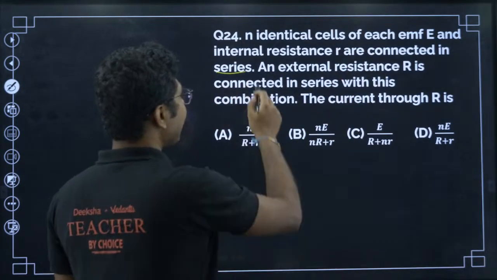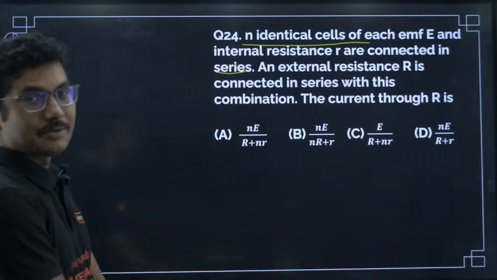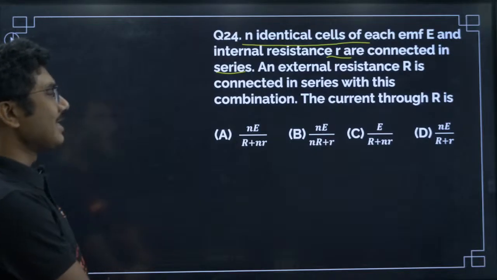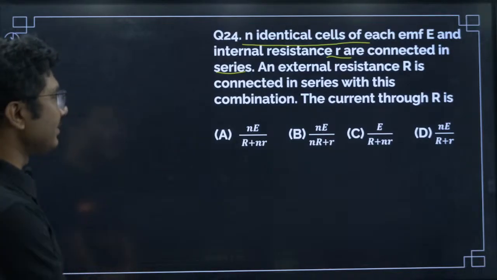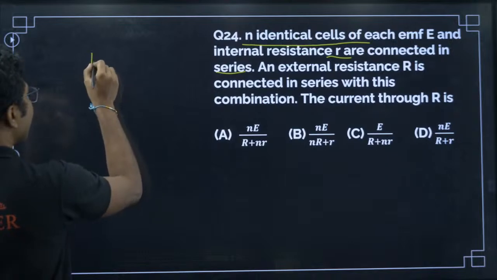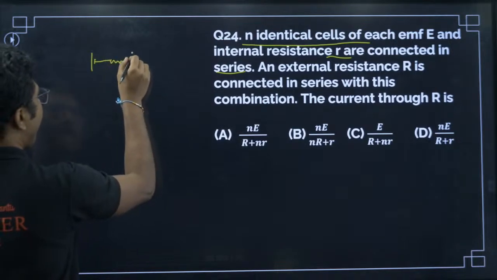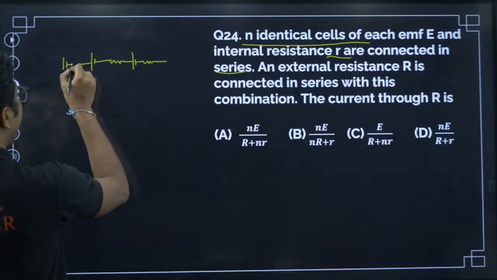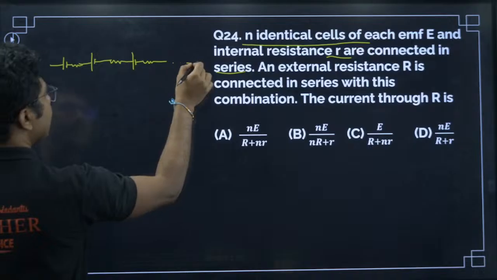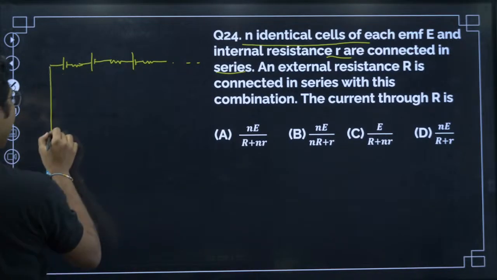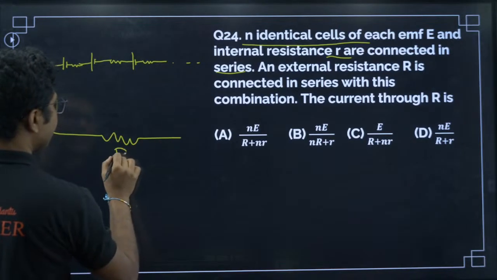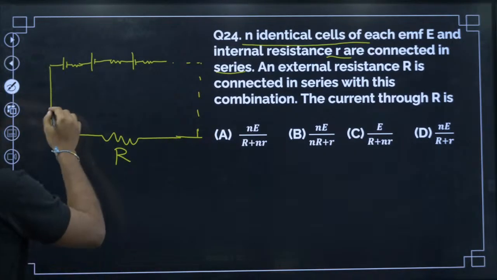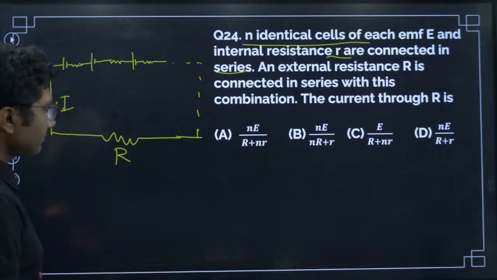Suppose we have n such cells, and we have an external resistance connected to this combination. What is the current in this circuit? That is the question.